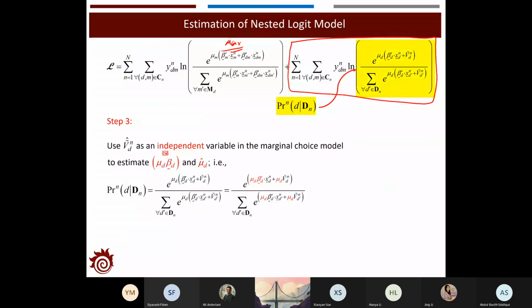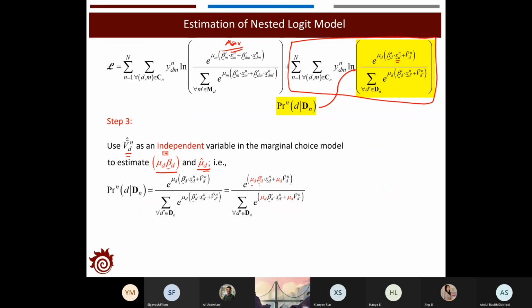In the third step, we can assume that Vd tilde hat is an independent variable to xd. And with that, we can then estimate the parameters of mu d times beta d and mu d. So that will be the two variables here.